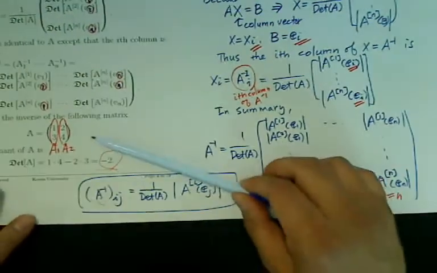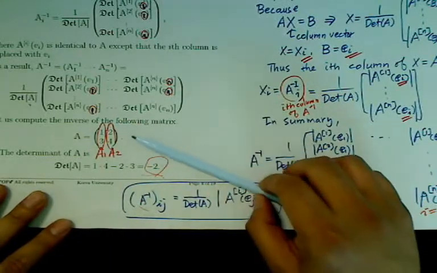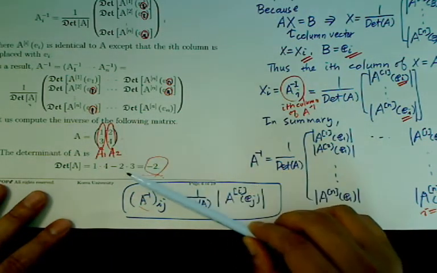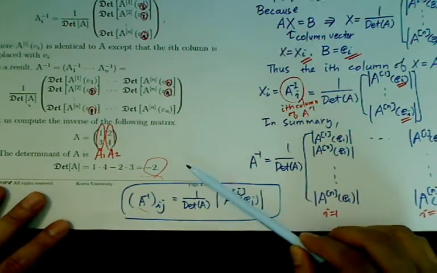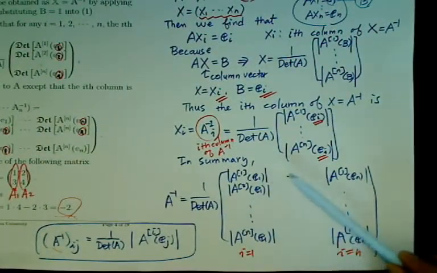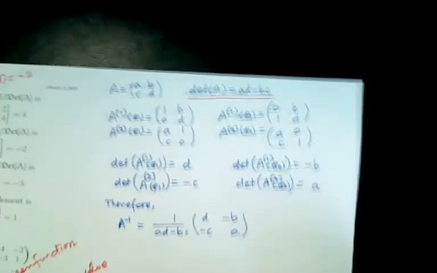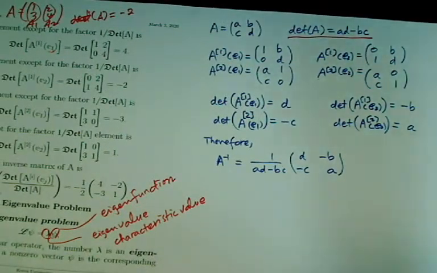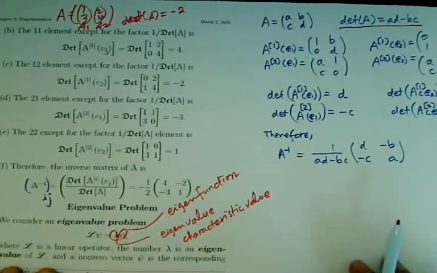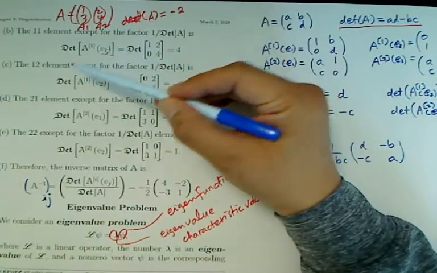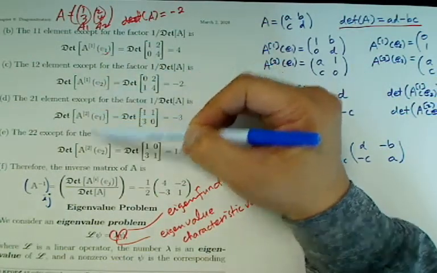So let us compute the inverse matrix of this. Determinant of A is 1 times 4 minus 6, that's minus 2. And what we have to do is to find out these matrices. One element, so 1 1, 1 2, 2 1, 2 2.